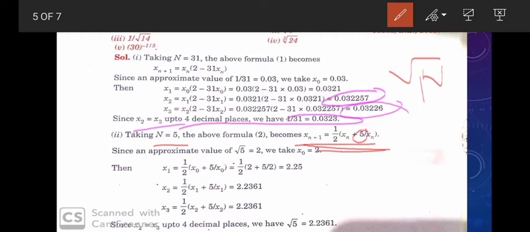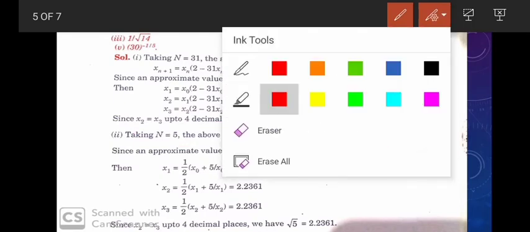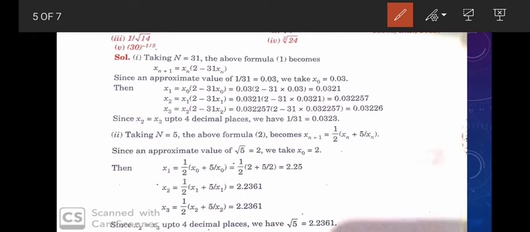Now, using this formula, again we have to find the approximate value. Root 5 is approximately 2, because 2 square is 4. You don't have to write the correct value, just an approximate value. With the help of the Newton-Raphson formula we will find the correct value.